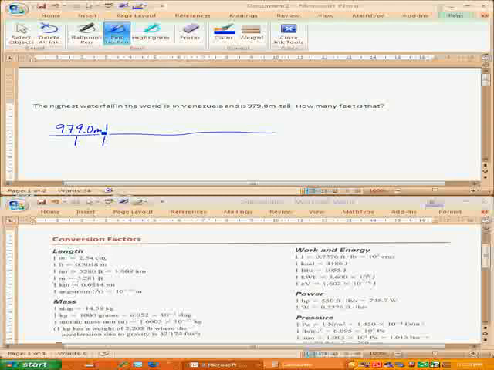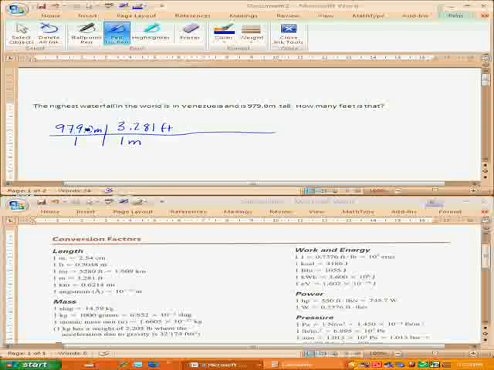However, I want to make sure that when I write this the units will cancel out. And so I'm going to put 1 meter on the bottom and 3.281 feet on the top. So 3.281 over 1 meter is a ratio that's equal to 1.